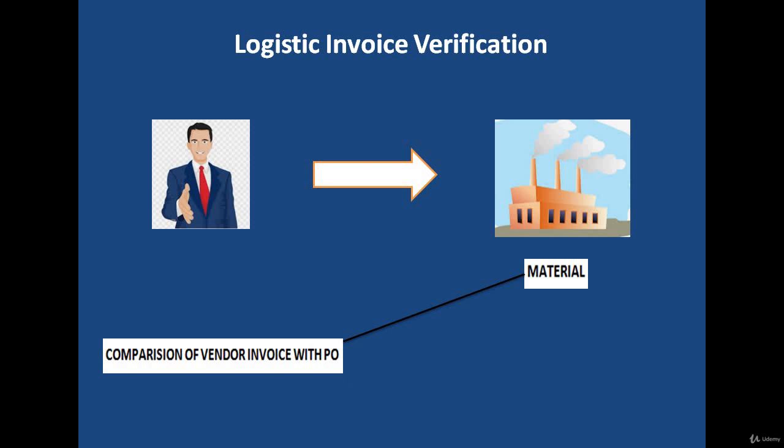The important elements which are cross-checked with the purchase order and the invoice are: material. The materials supplied should be only what is asked in the purchase order. Quantity: the supply quantity should not exceed the purchase order quantity at any cost. It should be within.